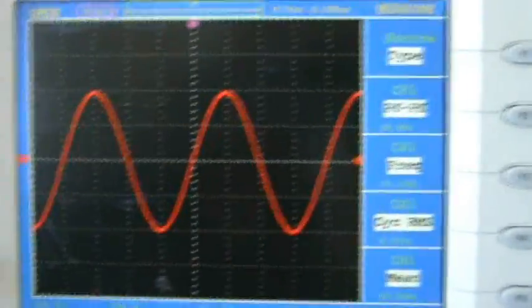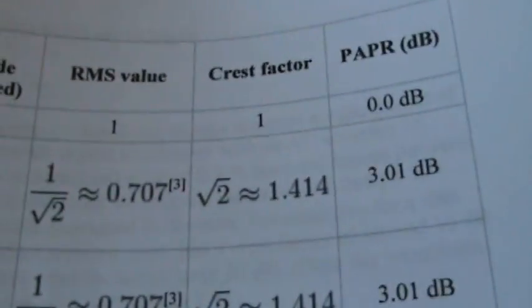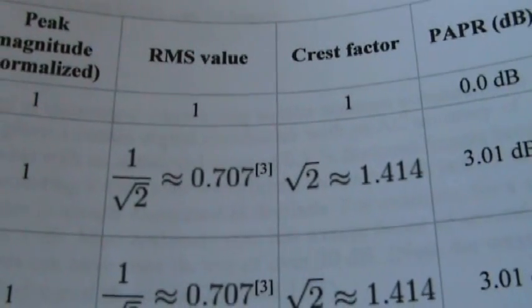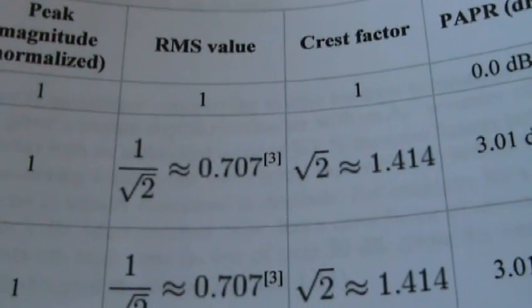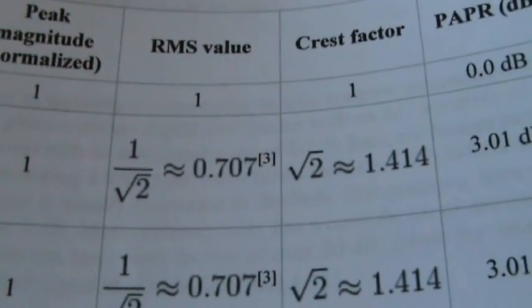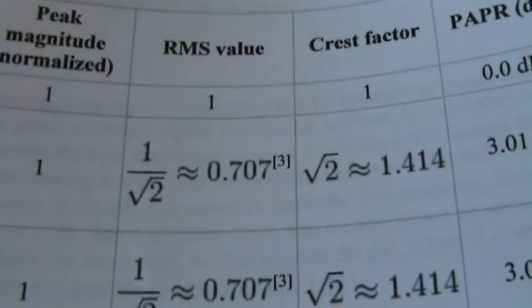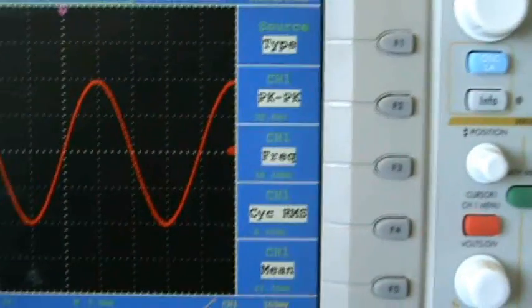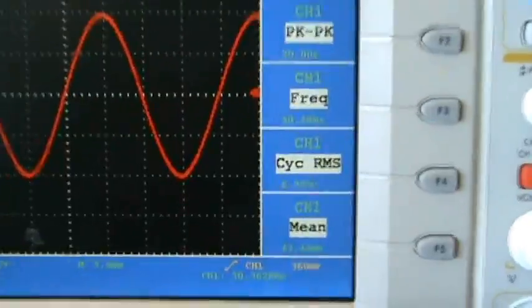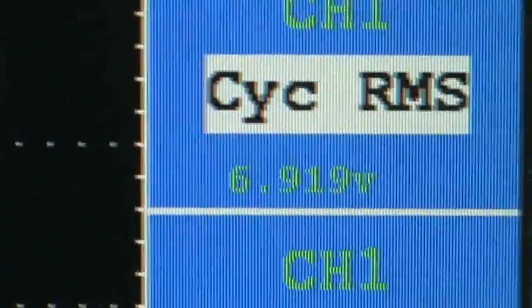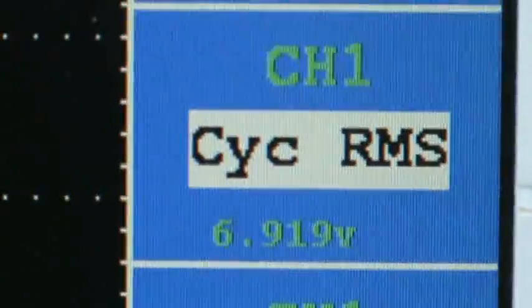So I have a nice waveform, and according to this document we should have an RMS value of 0.7, because we have 10 times more. It should be 7.07 volt, but when I look at the RMS presented by my scope, it's less, it's 6.9.